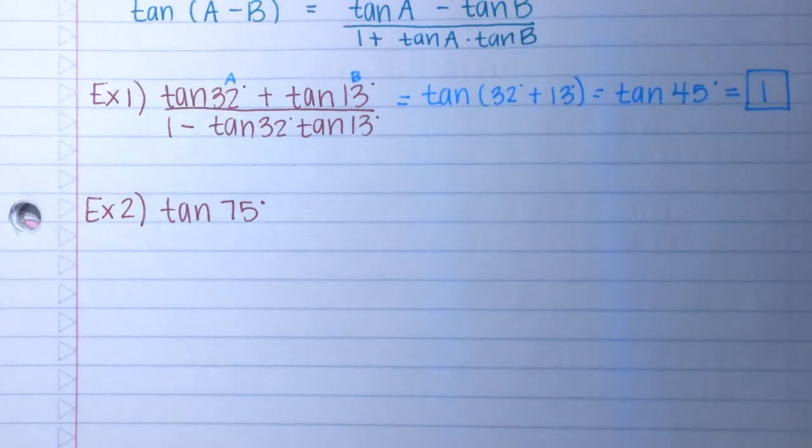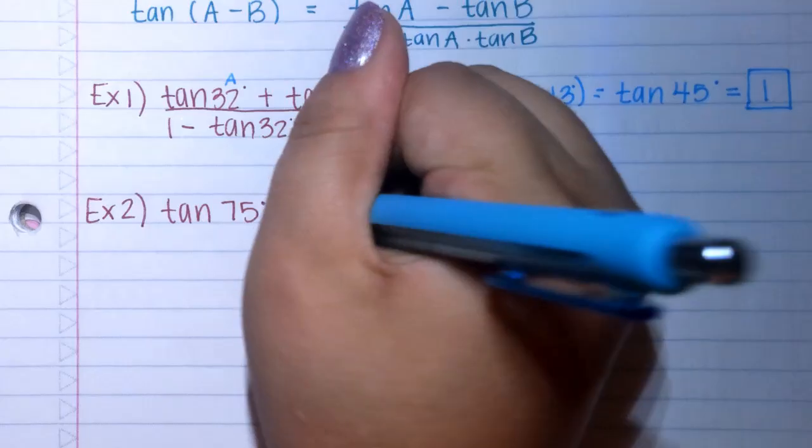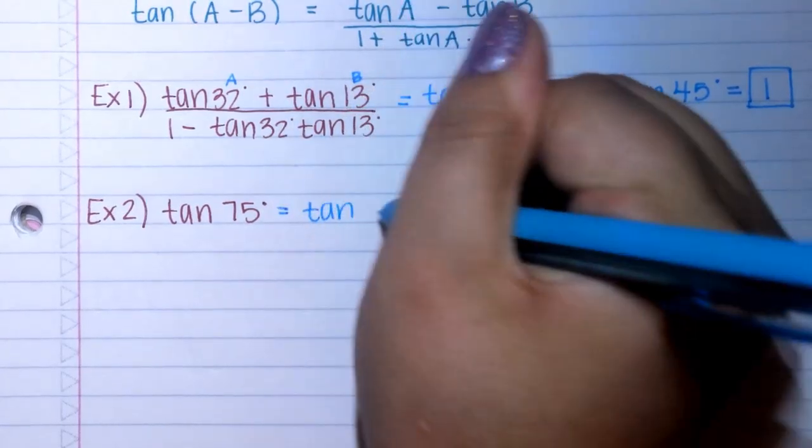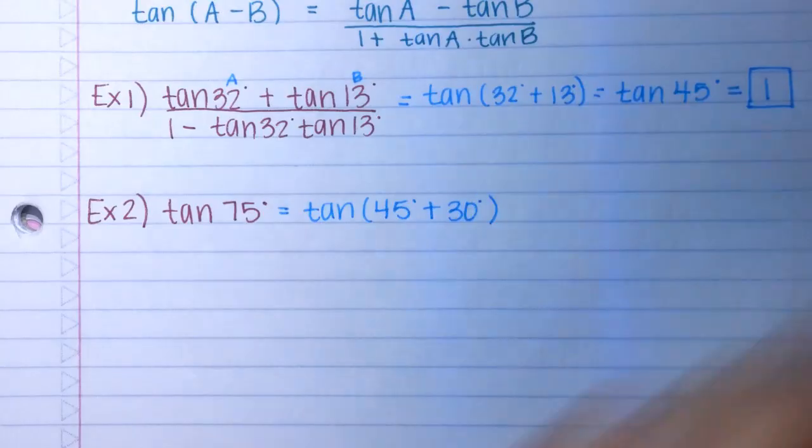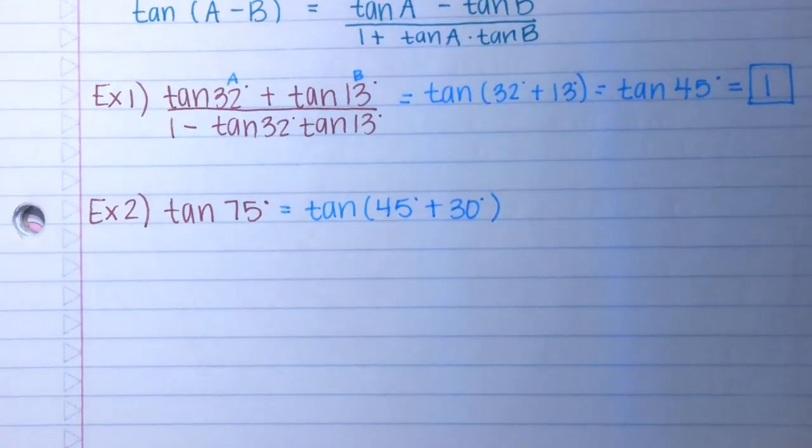No. But what do we know about 75 degrees? We can add 45 plus 30. Do y'all agree with that? Could I put 30 plus 45? Could I switch those around? It does not matter which one goes first.